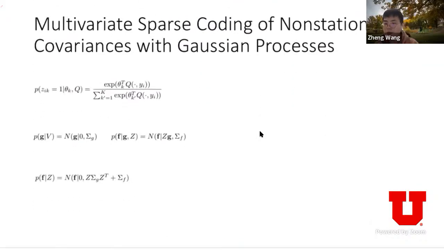And here is another paper about how to construct a non-stationary kernel. They first group the observation points into K groups, and these K groups are first modeled by a Gaussian process, and here Z is some code to encode how the observation inputs are grouped.